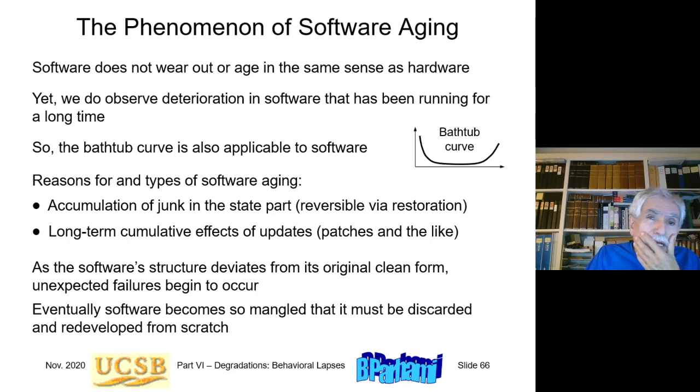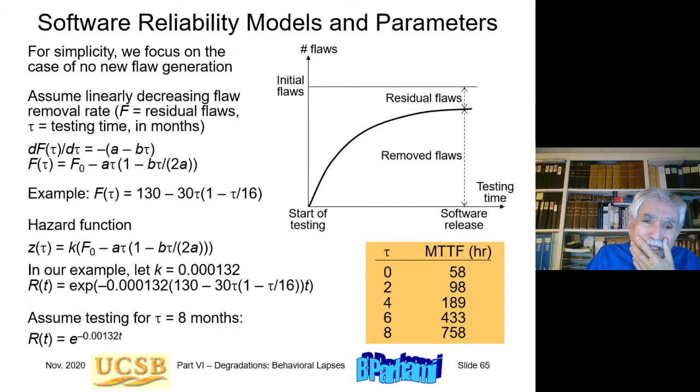Okay, besides software reliability being represented by that exponential, this is basically an example reliability equation for a piece of software modeled there. It's e to the minus 0.00132t, the reliability.